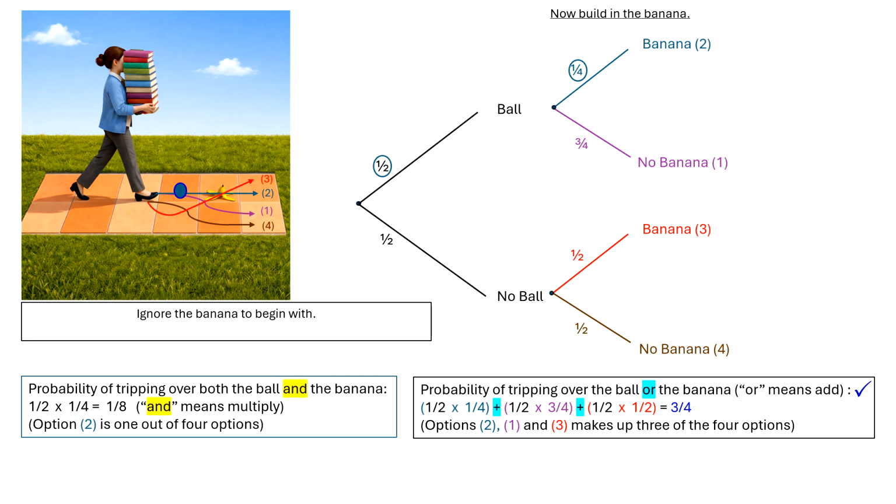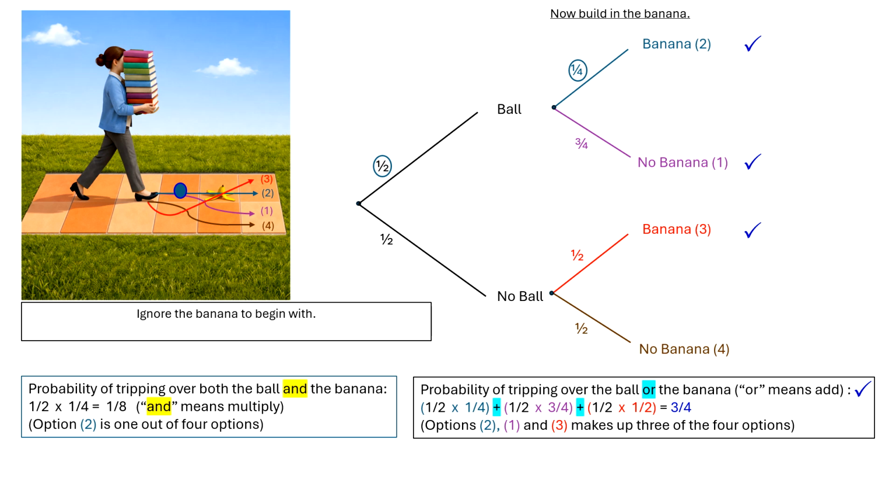Unlike with "and", when you're going up the branches, so you multiply the probability of each one, with "or" you're summing up different combinations of possibilities. And so for tripping over at least one of the ball or the banana, we total all these up to get 3 in 4, and I'll just show these possibilities with a blue tick here. So this is all the combinations which you add up when you look at the probability the teacher trips over either the ball or the banana.